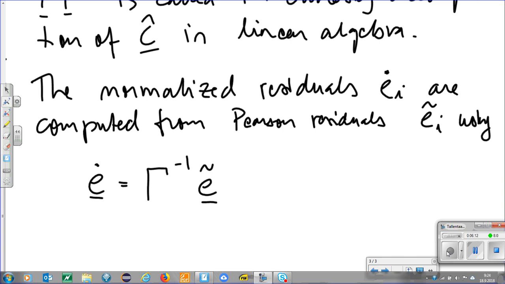So we take the inverse of the matrix we formulated using Cholesky decomposition and pre-multiply the Pearson residuals by this matrix, and then we get the normalized residuals.